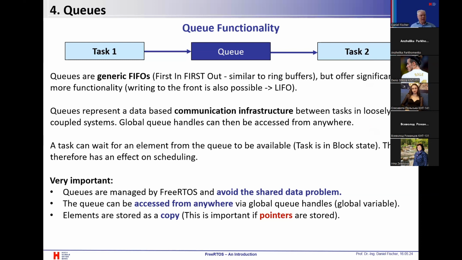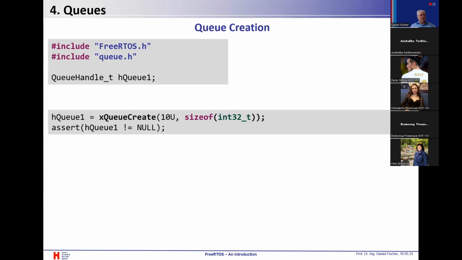So there you should be a little bit more careful. Okay, and stream buffers and message buffers, maybe you remember from the overview of FreeRTOS objects, they are only a specialized version of these queues.